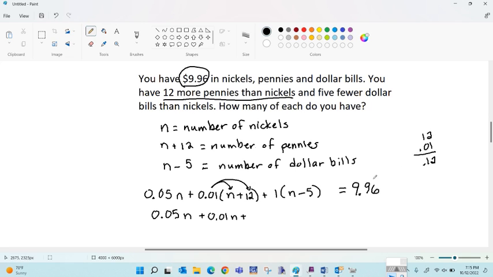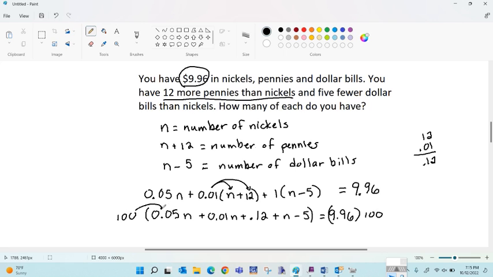Move it 2 decimal places, so 0.12, plus n minus 5 equals $9.96. All right, we've got these decimals in the way. So at this point, what we can do is multiply both sides by 100 because the hundredths place is the smallest.